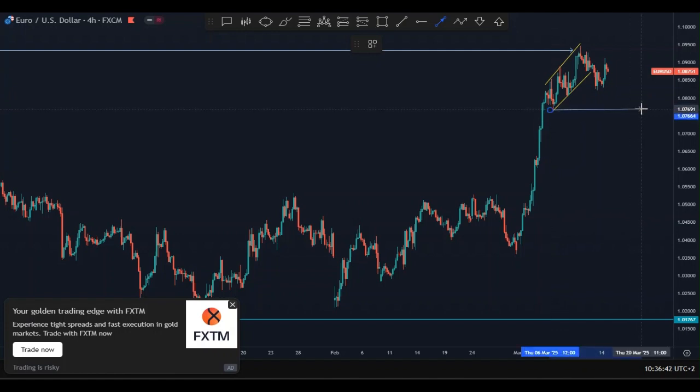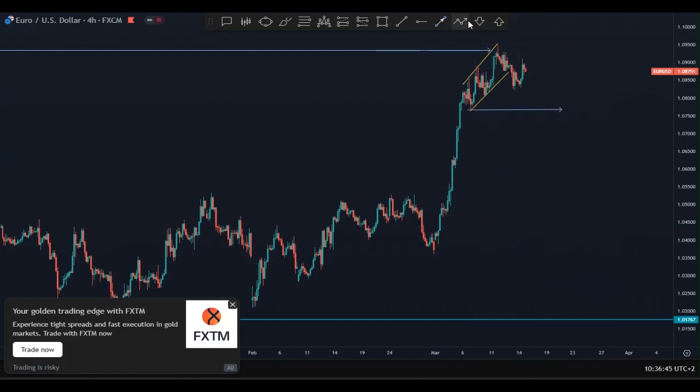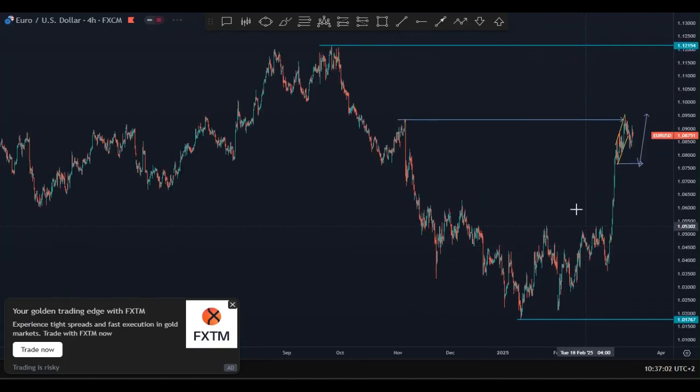This is what I'll be expecting the Euro USD to do. Before it can buy, I'm expecting the Euro USD to come in and tap into this hook point and then give me my buying opportunities. So for now, I'm just gonna sit on my hands, guys, and wait for this to play out.